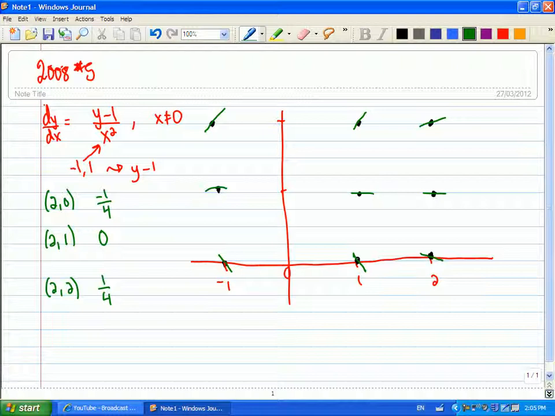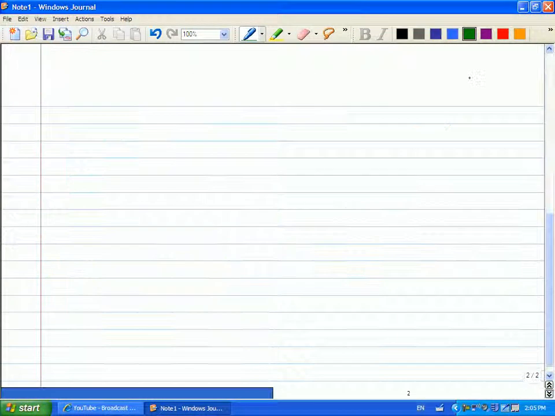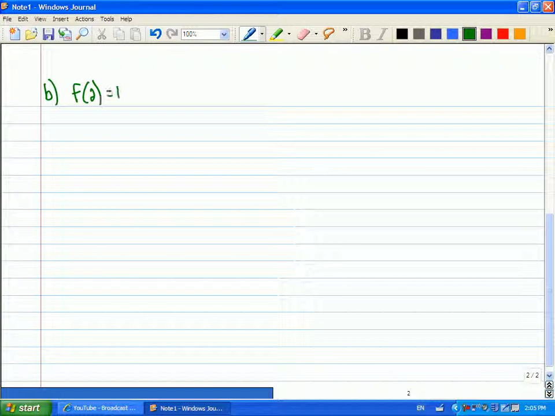Part B says, find a particular solution with an initial condition that f of 2 equals 0. Okay, so here's the differential equation again.